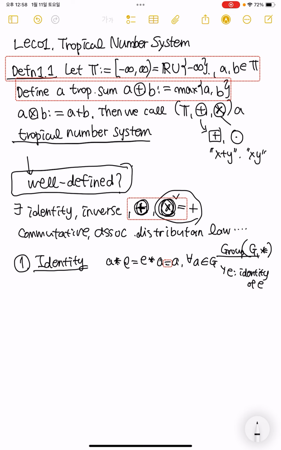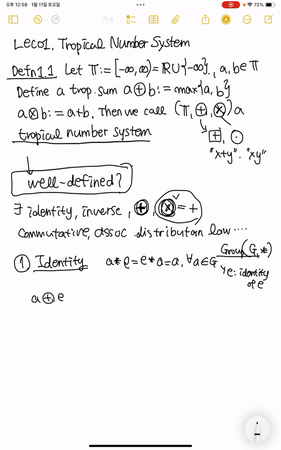Okay, let's apply this property to the tropical operation.